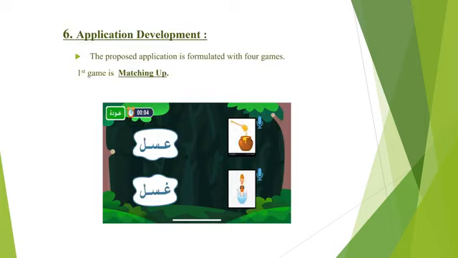Now, let's move to the section which describes the intervention in terms of the mobile application. The proposed application is formulated with 4 games. Each game is targeting a dyslexic issue and each of them is distinct from another game. The first game is matching up and requires the student to respond to a total of 5 questions.